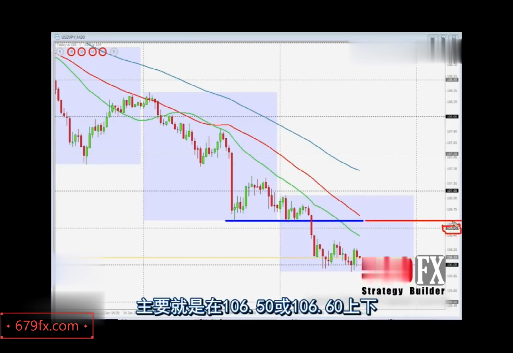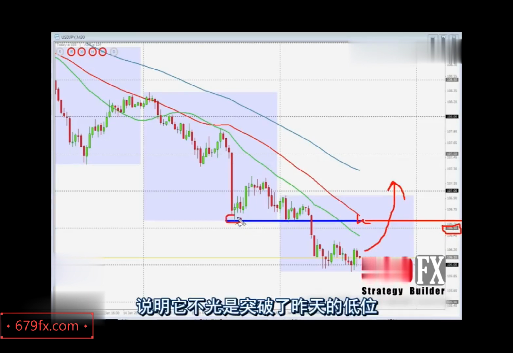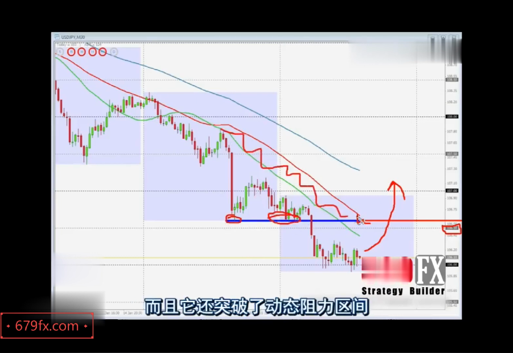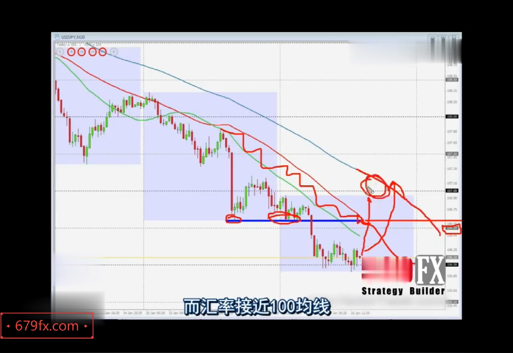106.60 to be exact. If price reaches above that level, if we break above that level, not only do we break above yesterday's low, okay? Moreover, we break above the dynamic area of resistance, and therefore we would be nearing the 100 moving average, which, as you guys know, is a big signal of weakness.